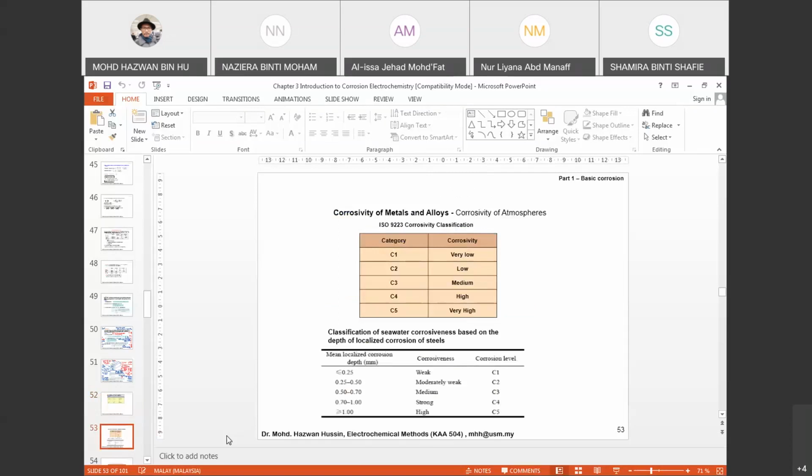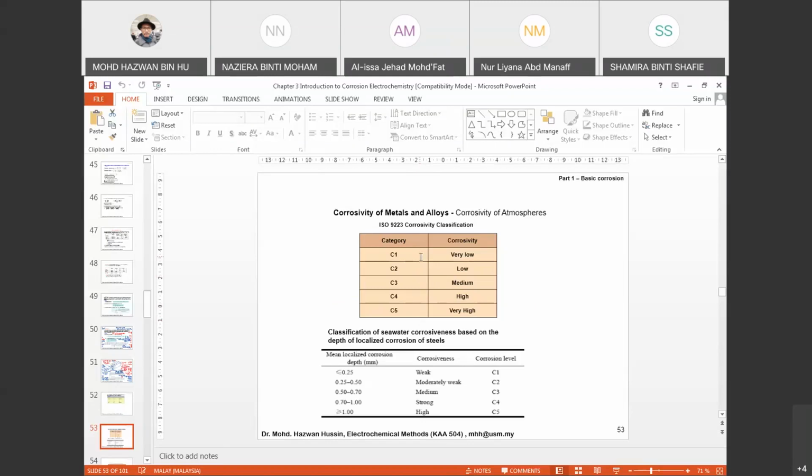As I said, different metals will have different classifications. This is based on ISO 9223, corrosivity classification. This is basically for metals, iron, for steel. You have C1 until C5 classification. C1 means that the material doesn't experience much corrosion, very little corrosion or no corrosion at all.